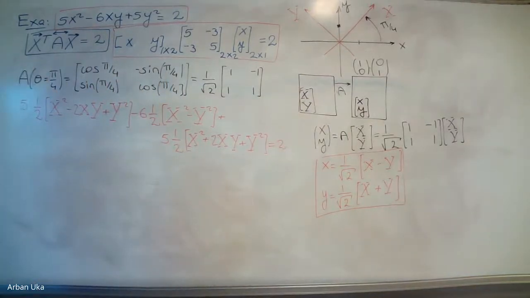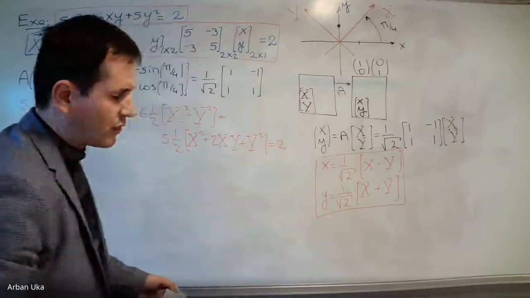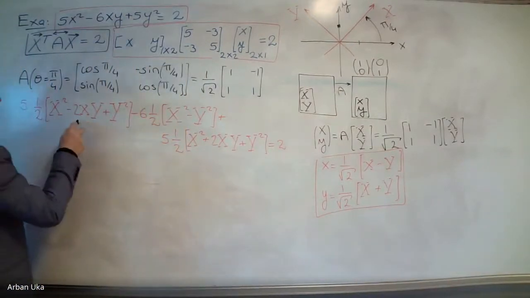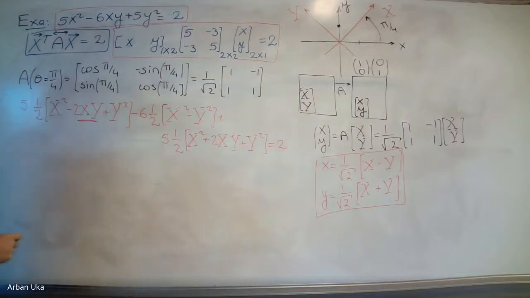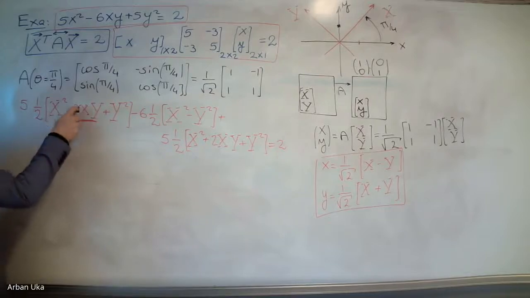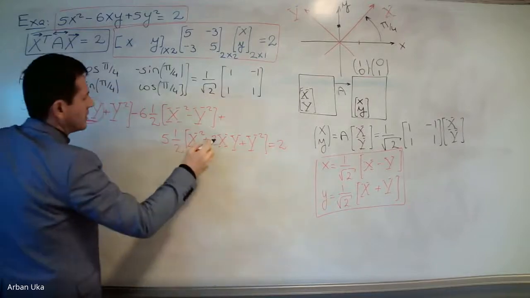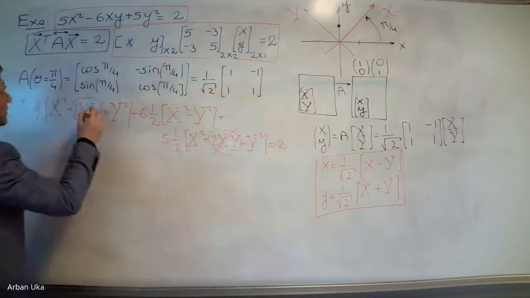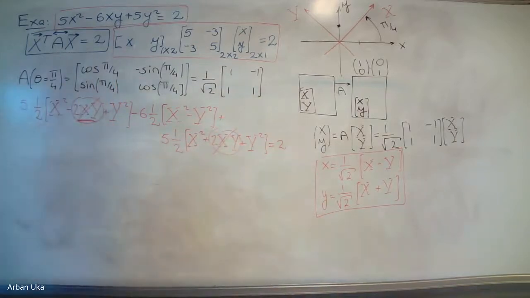Okay? Then let's try to put together all of these numbers that we have on the board. If we look at the term 2xy, we have here 5 over 2 times 2xy minus 2xy, we get minus 5. And then, if we look here, this is plus 5 over 2 times 2xy. So they simply cancel out, okay?